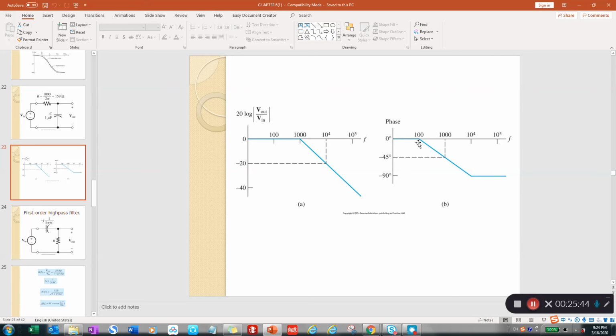Then we have these 3 points here: at 100, the phase angle equals 0. At 1000, the phase angle equals negative 45. And at 10 to the power of 4, the phase angle equals negative 90. So you connect these 3 points, you are going to get another segment of the straight line. So we have these 3 segments of the straight line to represent the phase angle change of this filter.